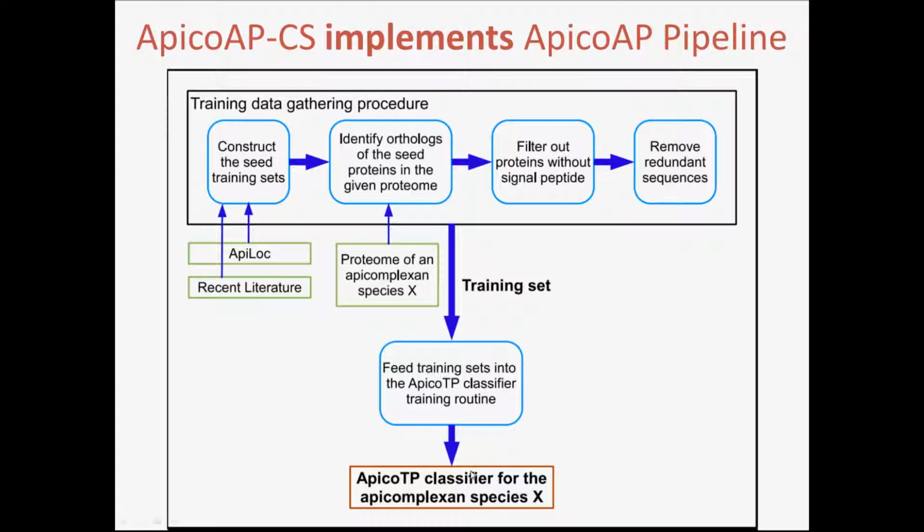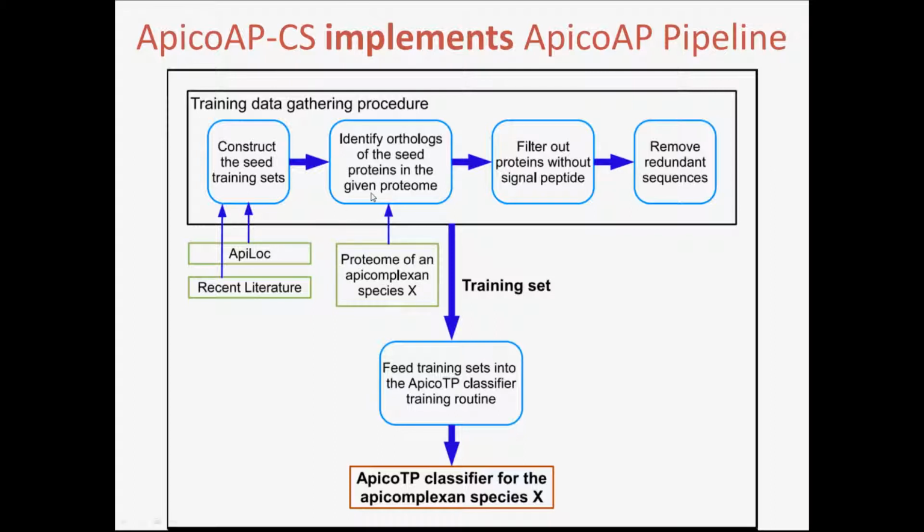In this train data gathering procedure, the idea is to use seed training sets containing proteins whose localization in the cell is confirmed by experimental findings. ApiLoc database lists such apicomplexan proteins, but since this database is not often updated, user is urged to make a literature search to see if there are any experimental confirmation papers that came out, say, in the last year.